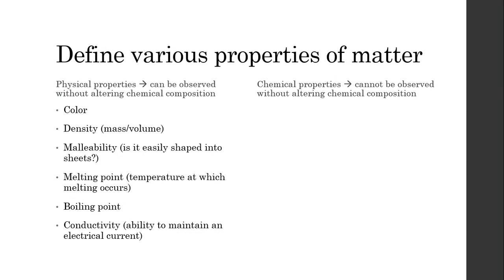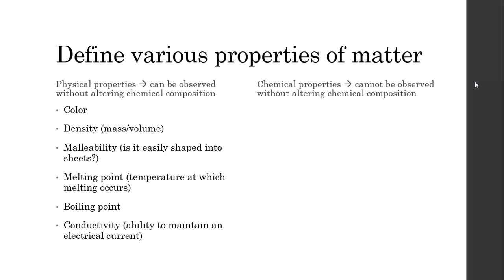Finally, we have conductivity. That is the ability to maintain an electrical current. An example of that is copper wire. Copper is a good conductor, and copper is used as wires, like I said, copper wire, for electrical components.